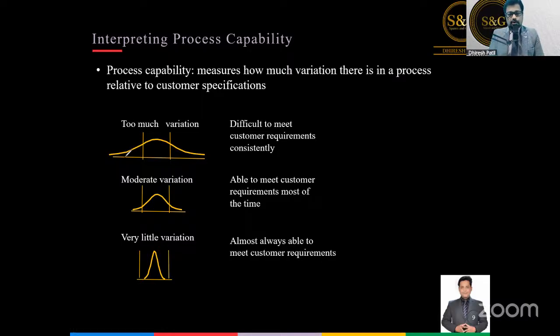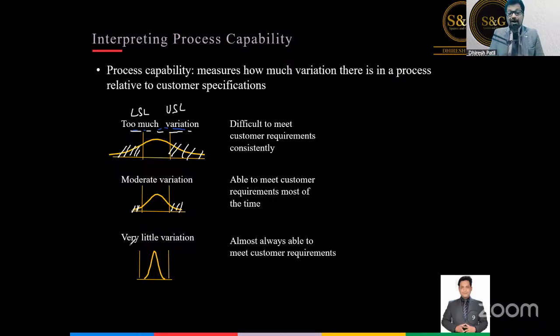Now, whenever we have too much variation, right? So all this is rejection, correct? This is LSL and this is USL, right? So this is huge rejection. Now, when we have moderate variation, we have less rejection.